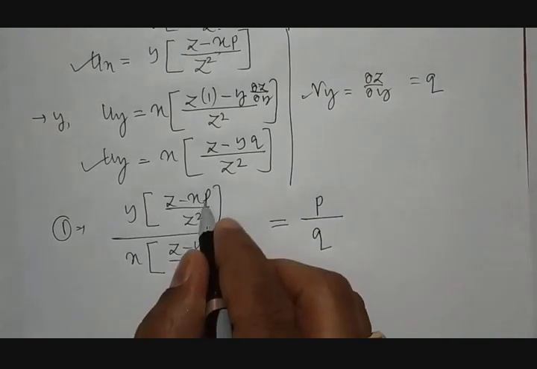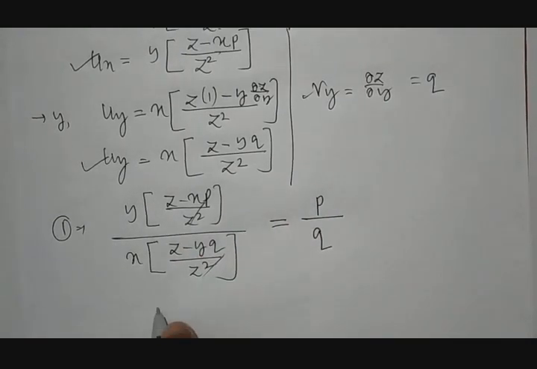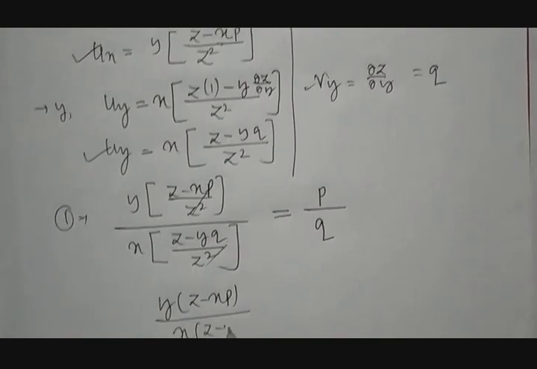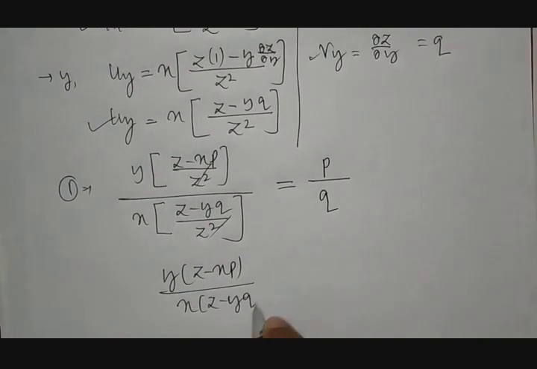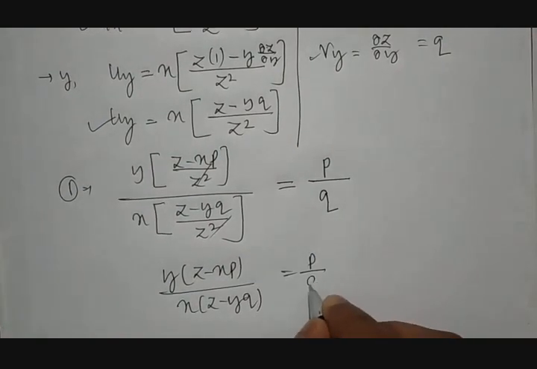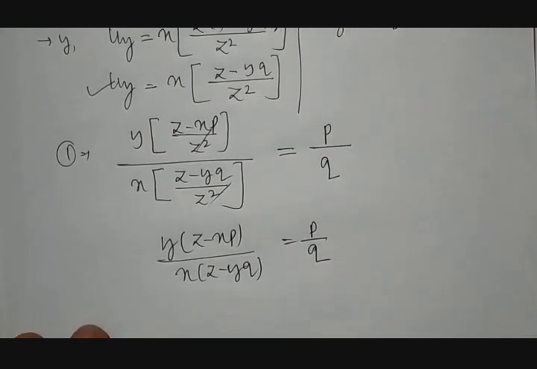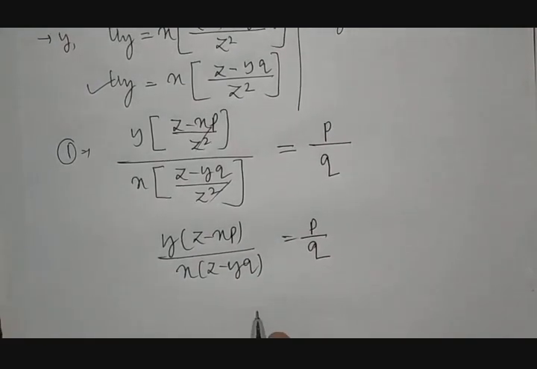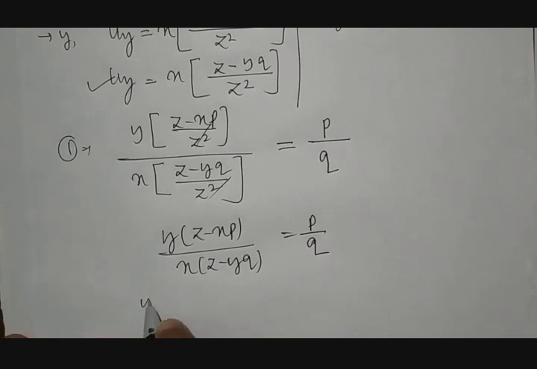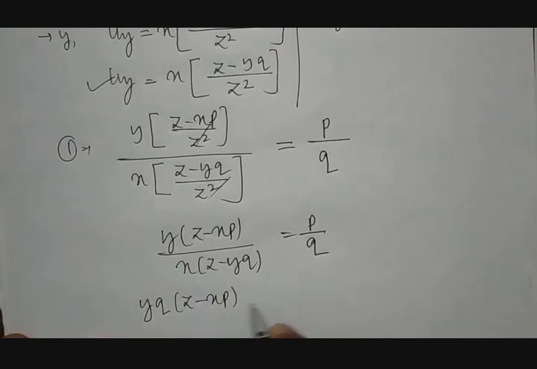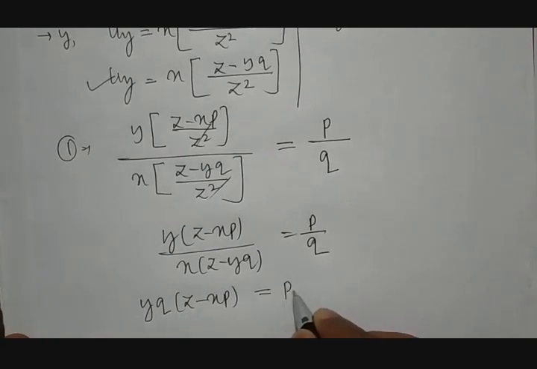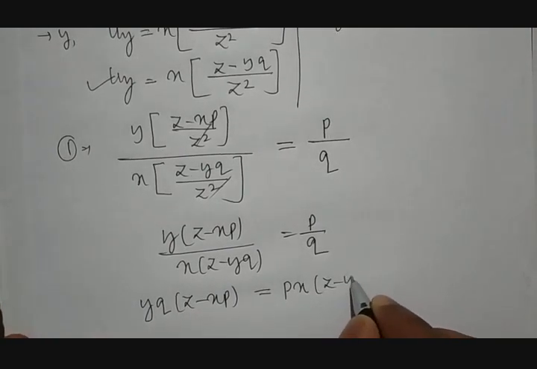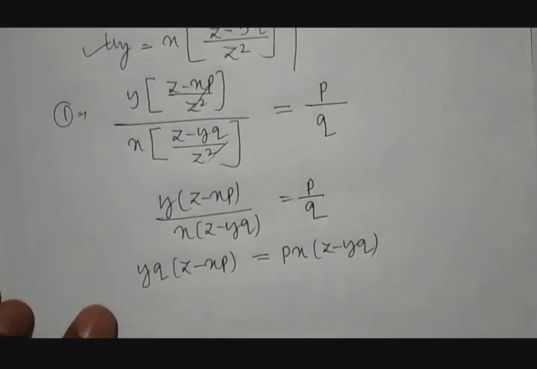Here z square gets cancelled. Then what remains? y of z minus xp divided by x of z minus yq is equal to p by q. Therefore, cross multiplication, then it becomes y into q of z minus xp is equal to p into x of z minus yq.